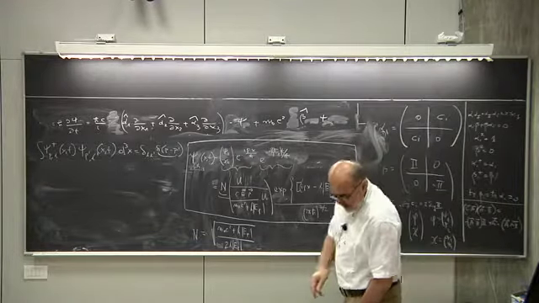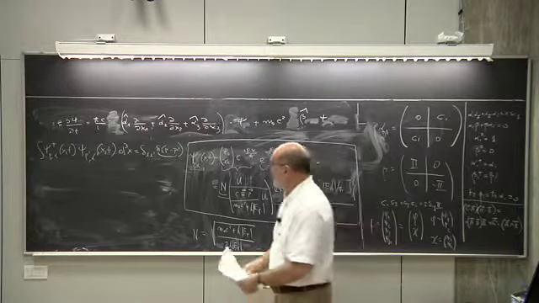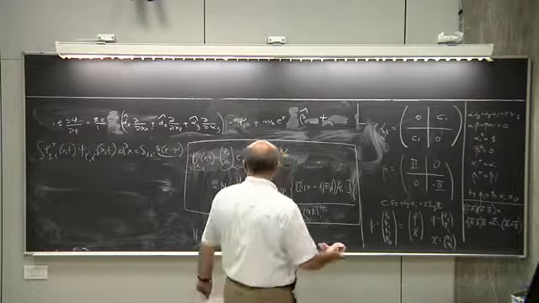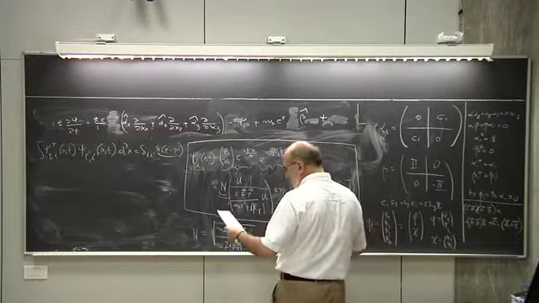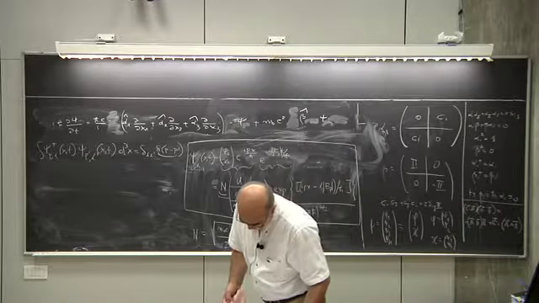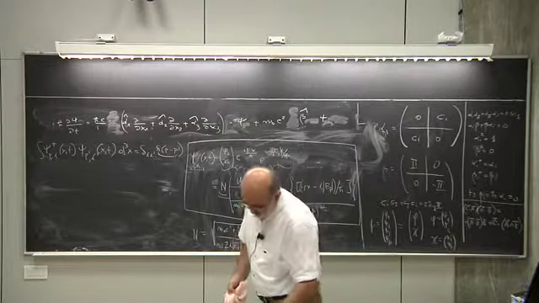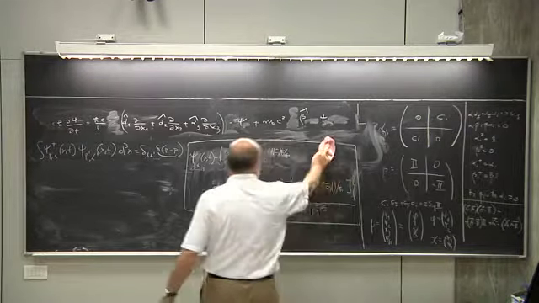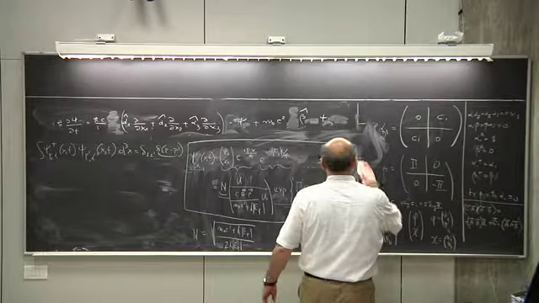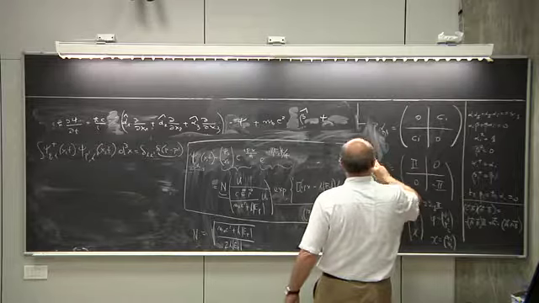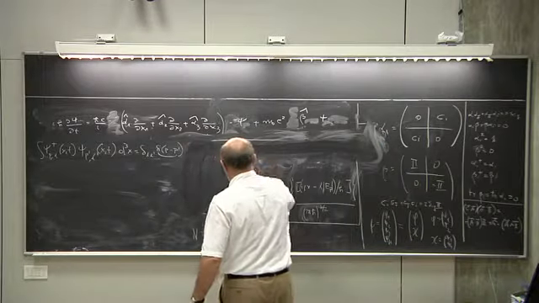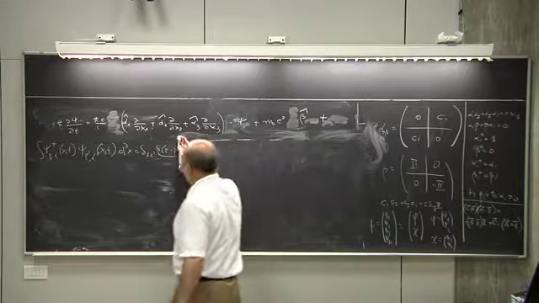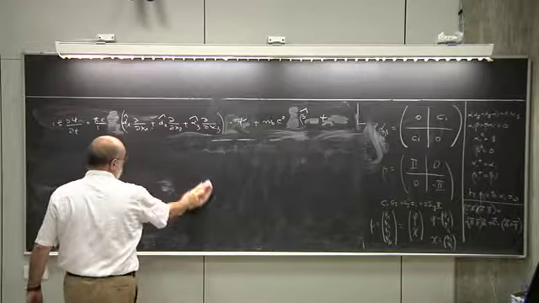Let's now see if there is some other quantity that is conserved. And there is. Let's see if there is some other quantity that the free Dirac equation conserves, so it's a good quantum number.